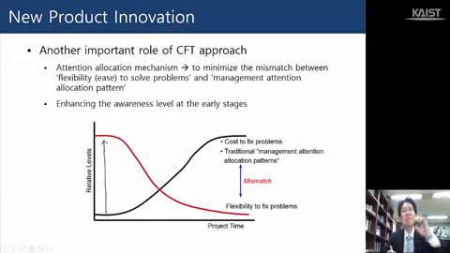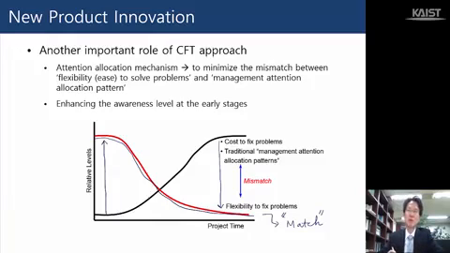You pay more attention in the early phase of your project time, and you don't have to pay much attention toward the end of project time. And therefore, you have a new management attention allocation pattern that is actually consistent with this flexibility or ease of fixing problems. They've got to match, there's got to be consistency between problem solving and attention allocation.